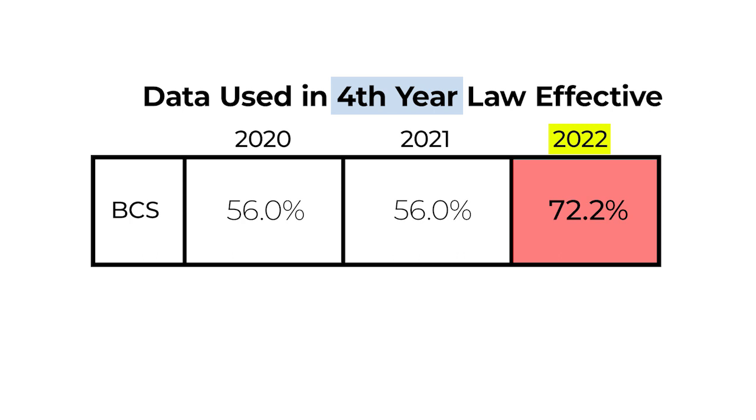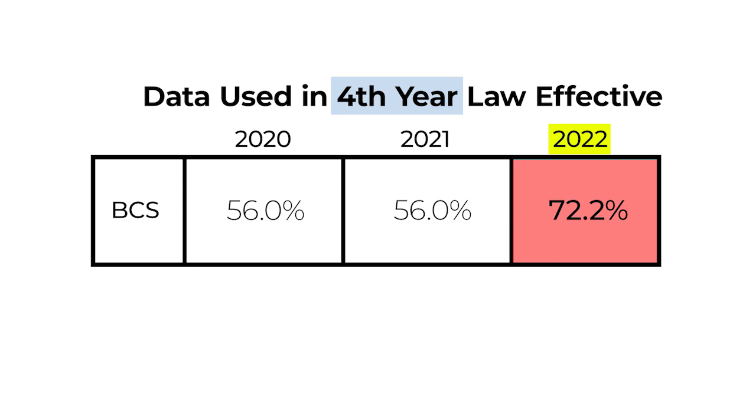So that 56%, they had it in 2020, 2021, but that was not high enough to remain not an outlier. So they, according to the NCOIL model, would have a specific loss ratio fixed to them, which would be the mean, that average that I talked about earlier. So that is at 2022 for BCS, they would have a medical loss ratio applied to them of 72.2%.